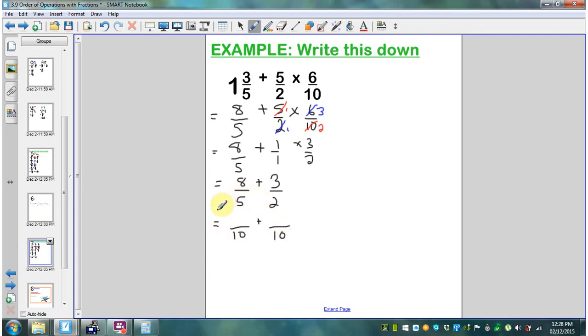We multiplied our 5 by 2. Anything we do to the bottom, we need to do the top. So we need to multiply 8 by 2 as well. So 8 times 2 is 16. How do we get to 10 here? We multiply 2 by 5. What do we have to do to the top? Multiply by 5, same thing. So 3 times 5 is 15.